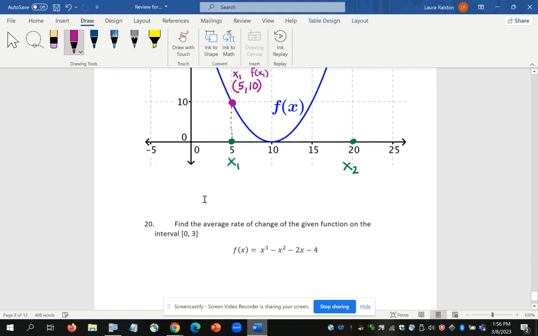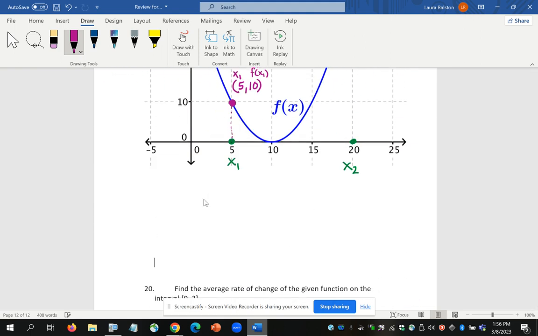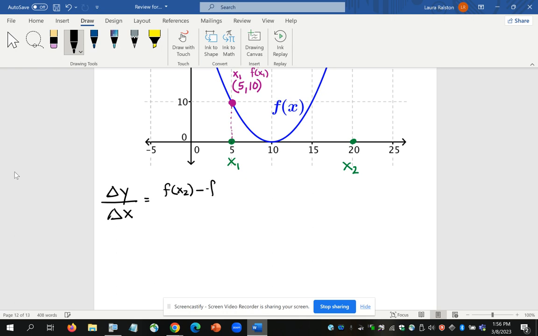Okay, let me see if I can make some room here. So the formula for average rate of change is the change in y over the change in x. So we have f of x sub 2 minus f of x sub 1 over x2 minus x1.